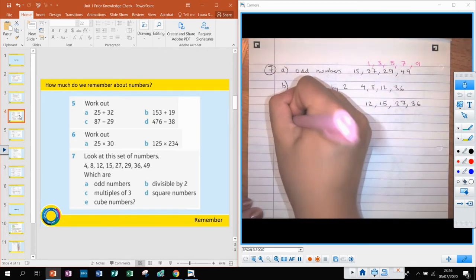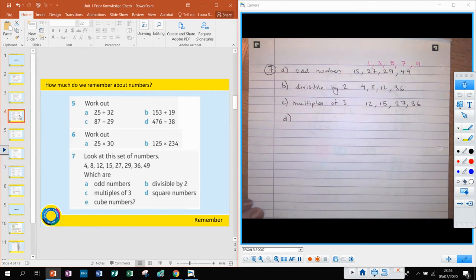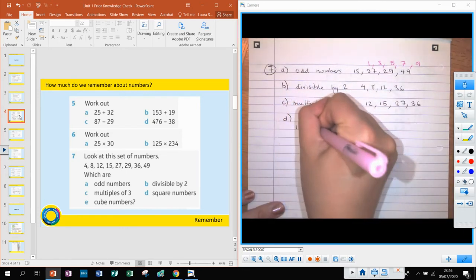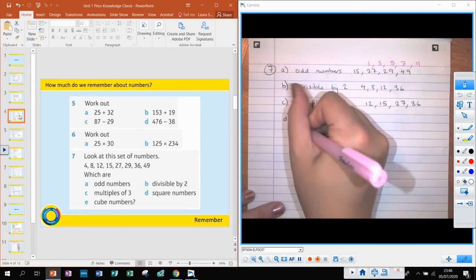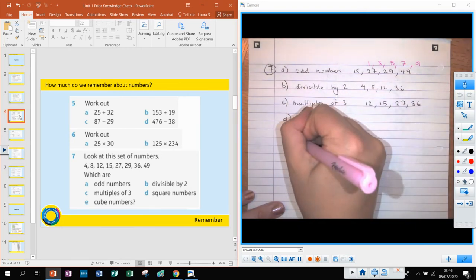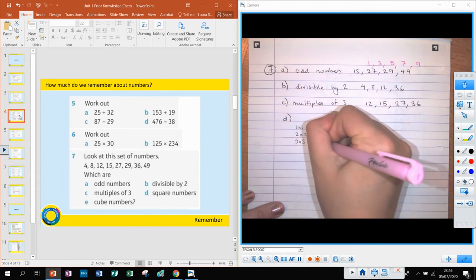Okay, part D, square numbers, meaning that it's created by a number times itself. Okay, so for example, I'll list the first few square numbers. If you think about 1 times 1 is equal to 1, so 1 is a square number. 2 times 2 is equal to 4. So 4 is a square number. 3 times 3 is equal to 9.